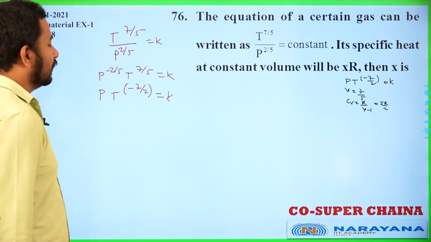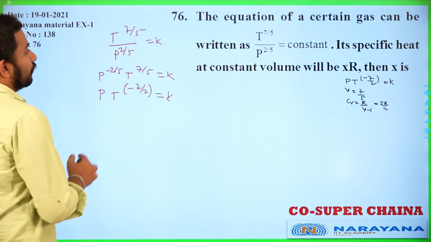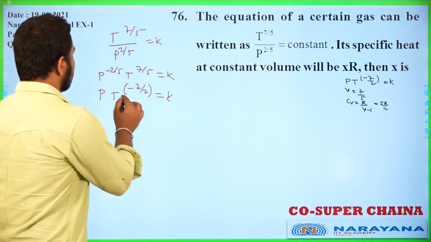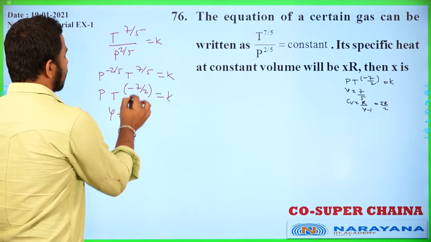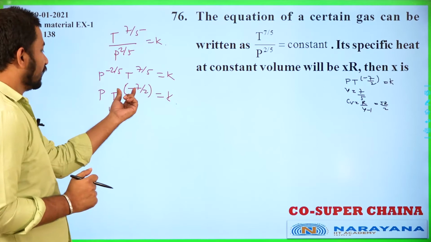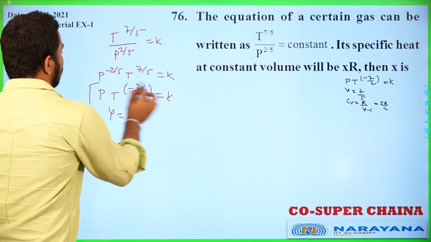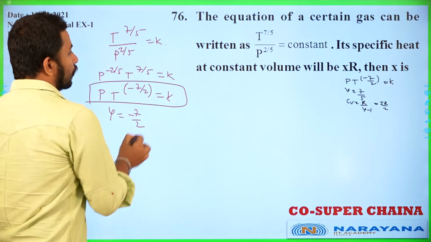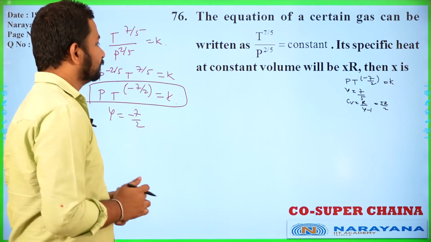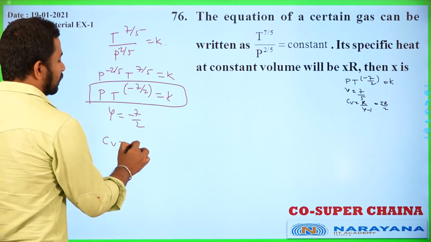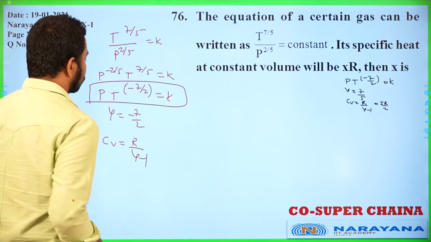Okay. And students, we know here, when you see the gamma value, here we got this gamma which is 7 by 2 it is coming. Here this is the adiabatic value, the gamma value is coming here as minus 7 by 2. So if you equate this with the Cv value, Cv we know, Cv will be R by gamma minus 1. Okay.